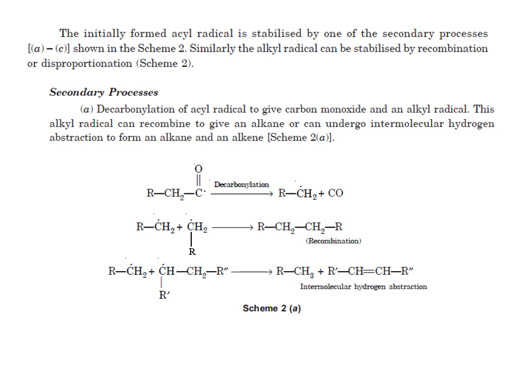You see this acyl radical produces an alkyl radical and carbon monoxide. This RCH2 alkyl radical again combines with another RCH2 radical to produce the alkane. And this RCH2 radical, with the first alkyl radical produced in the primary process, abstracts a hydrogen, producing an alkene and an alkane.